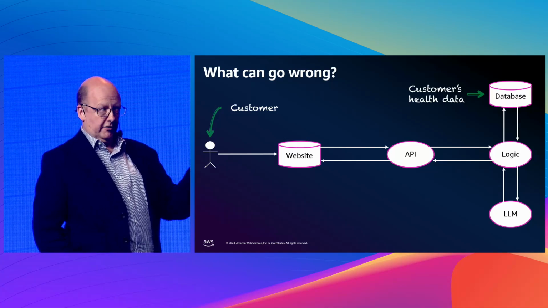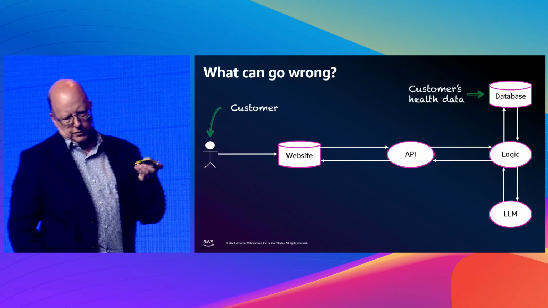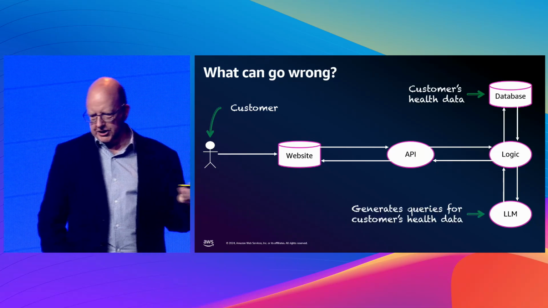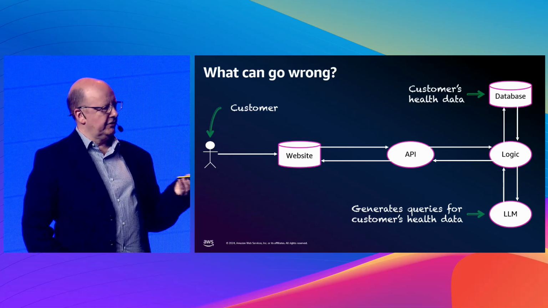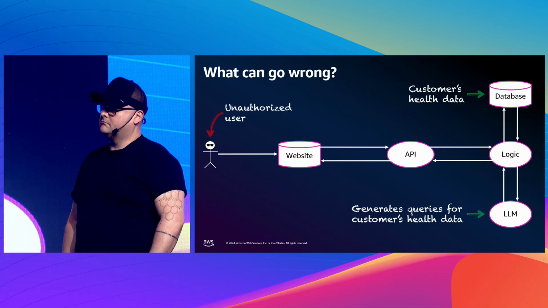Which means, and again, correct me if I'm wrong here, John, but we're putting a lot of trust into that initial prompt that's been provided by the customer. Does the logic have full access to any data in the database? Yeah. It does, okay.